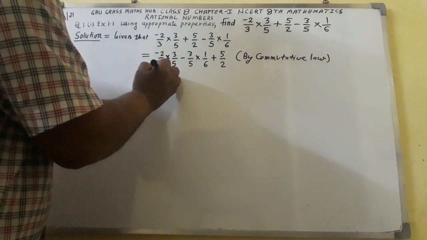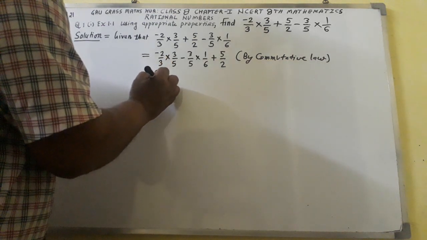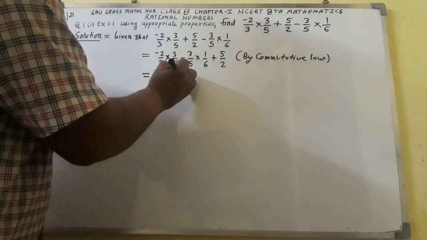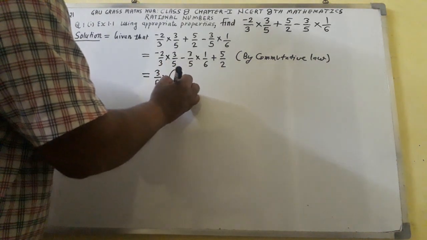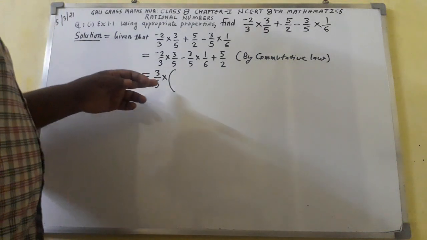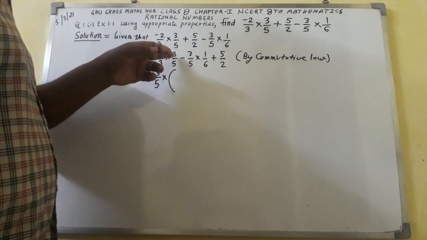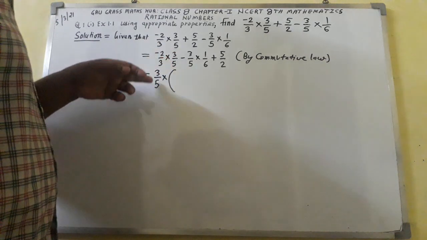To take 3/5 as a common, multiplied, open here circular bracket. From the first term I have taken 3/5 as a common.